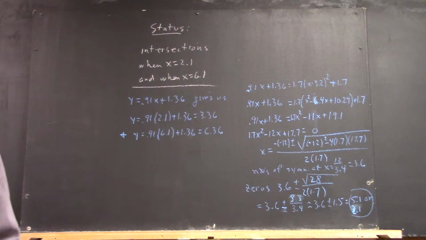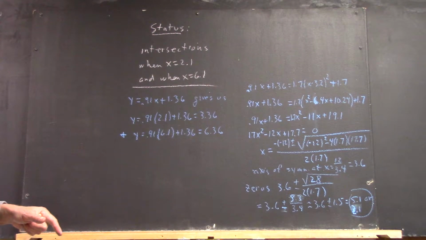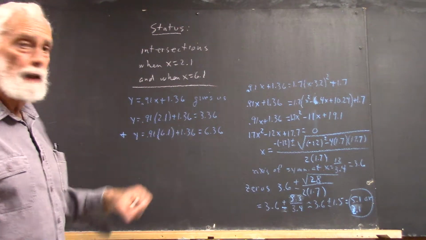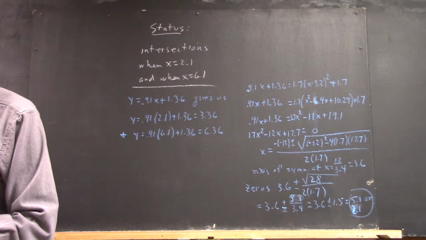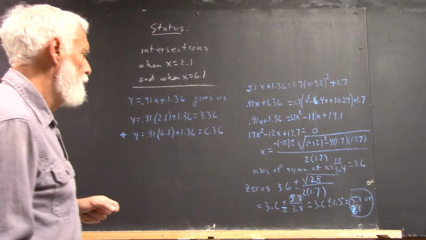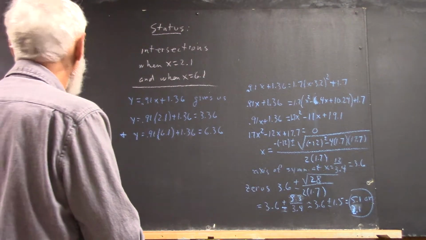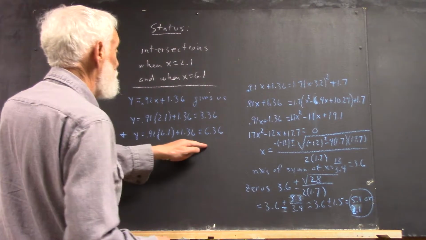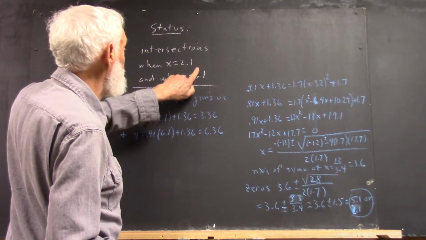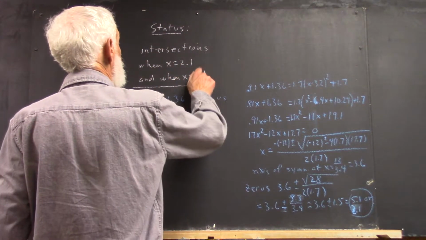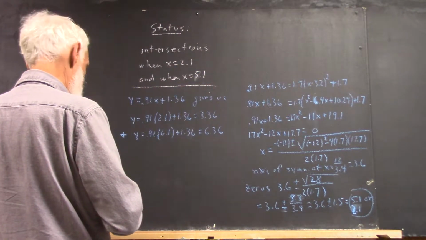Now, what were our estimates? Well, with the 5.1, is it 5.1 or 6.1? It's 5.1, so I wrote it down wrong. So actually 6.36 would have been really close, but it's really 5.1.